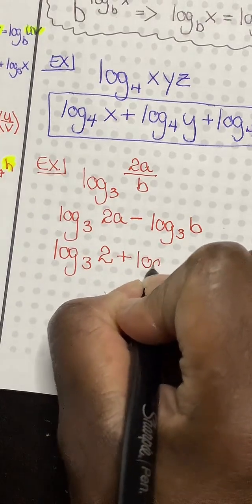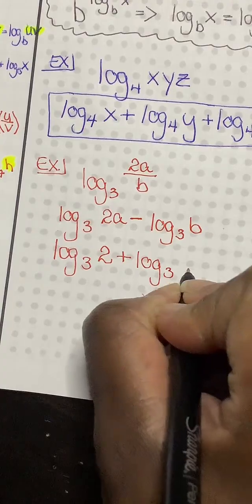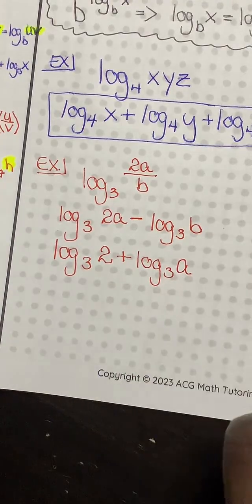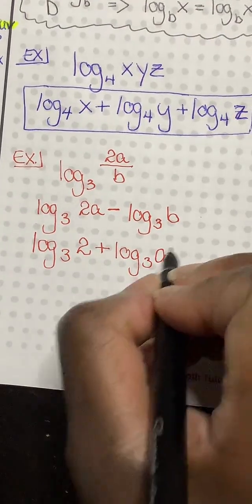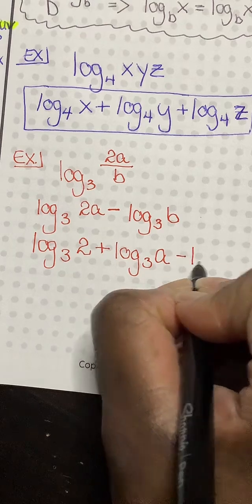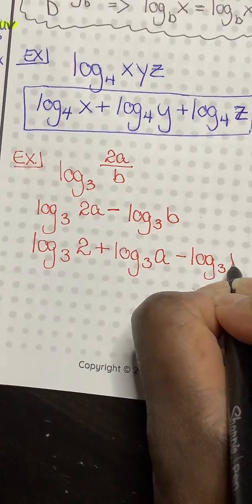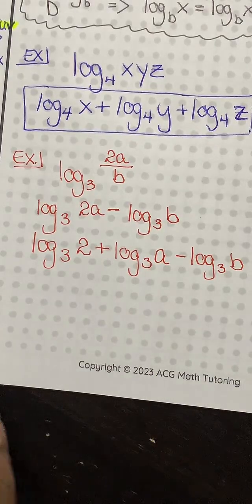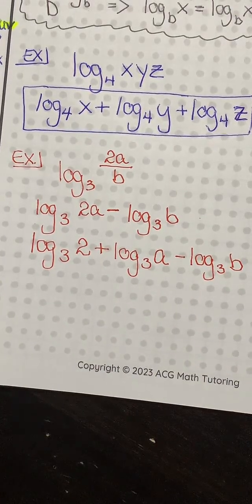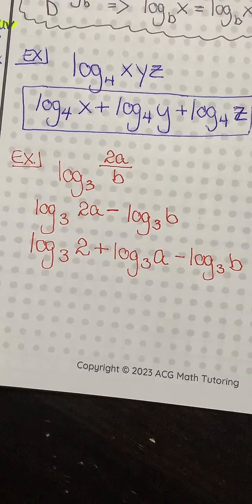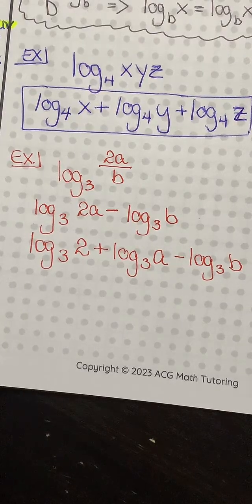Log base 3 of a. And then I just simply bring down my minus log base 3 of b. So this was a combination of the quotient rule and then the product rule.